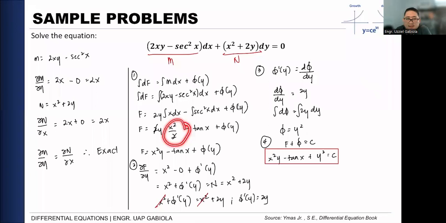Saan po nanggaling yung x squared over 2? Yan pong part po na nakabilog, sir. Yun, ito. Integration ng x dx. Integral of x dx. Okay po, sir. Okay? So, yeah.